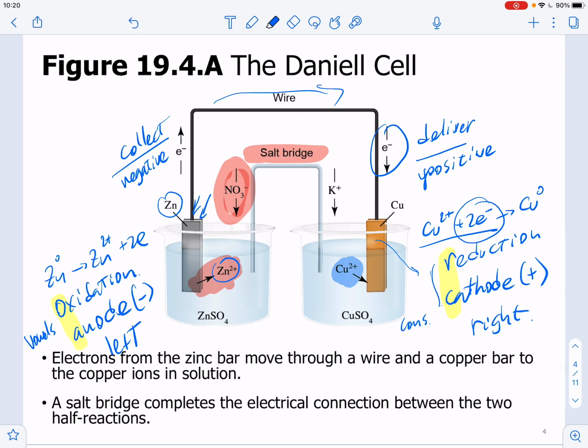So the number of positive charges is decreasing in the solution. Therefore, you have to replenish those positive charges by providing more cations. So the salt bridge is providing both the anions and the cations, but the cations will go to the cathode side and the anions will go to the anode side.